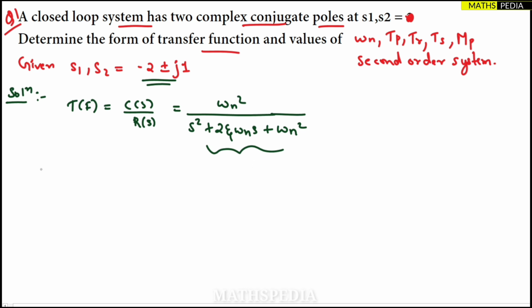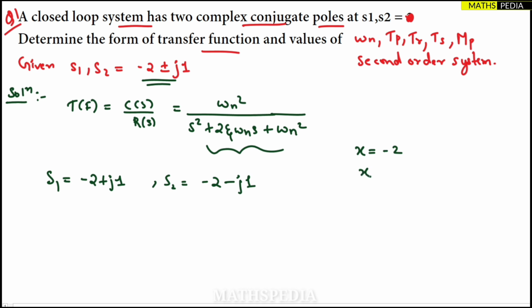So S1 is equal to -2 plus J1 I can take, and S2 is equal to -2 plus J2 I can take. Oh sorry, mistake. So minus J1 I can take, minus and plus. Now here the thing is how to write it in factors. When you find any equation x equal to -2, how do you write the factor?